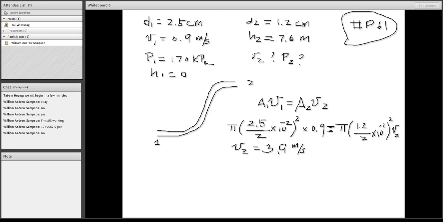Now, how do we calculate pressure at this point? Whenever you're asked to calculate pressure, you have to apply Bernoulli's equation.